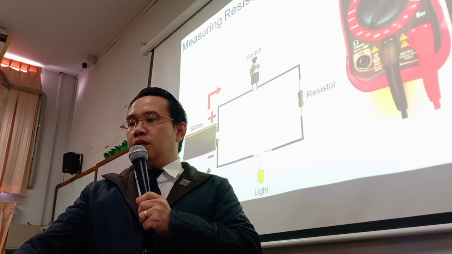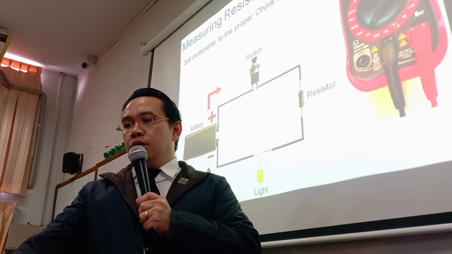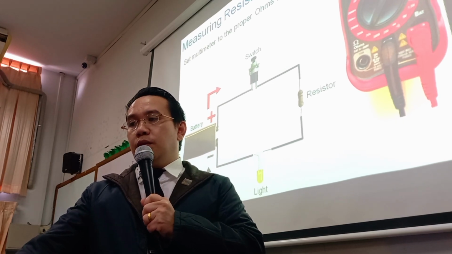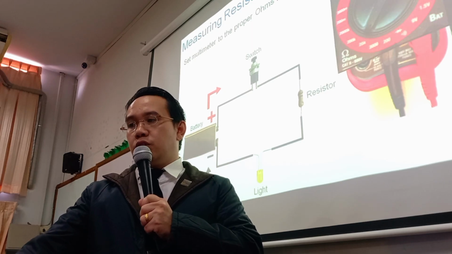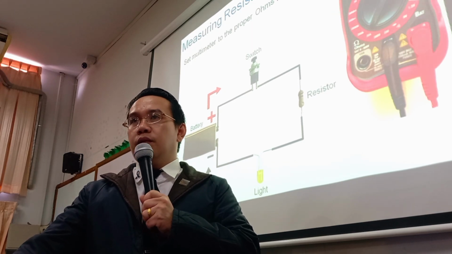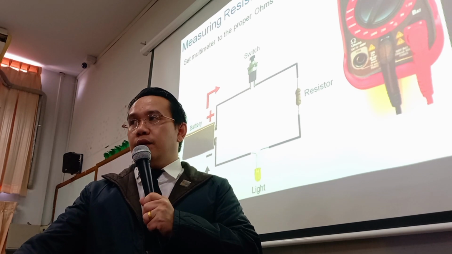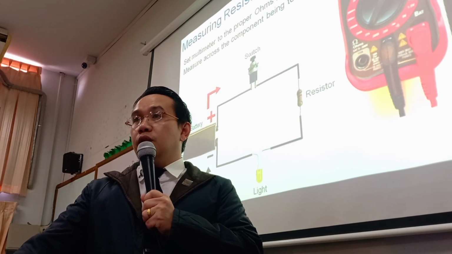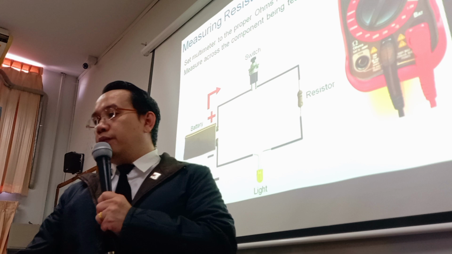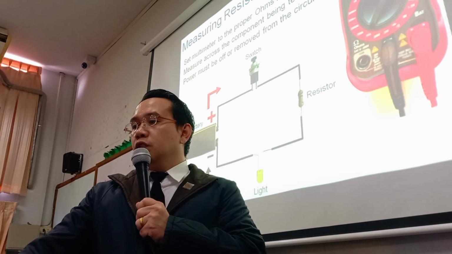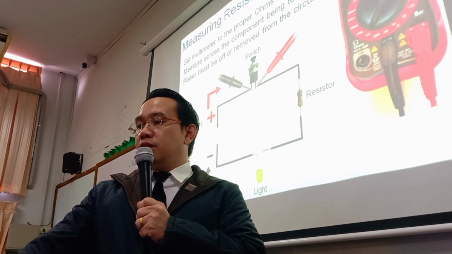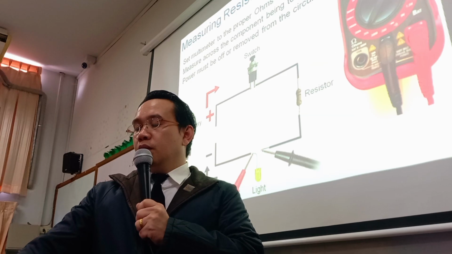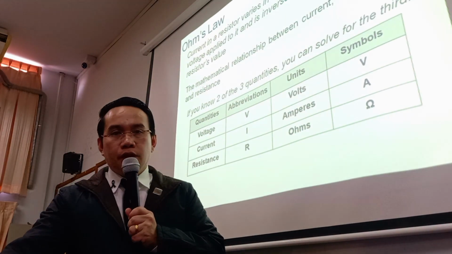Then for measuring the resistance, this sets the multimeter to the proper ohms range, to determine how the flow of current will be controlled or slowed down. This measures across the component being tested, so power must be off or removed from the circuit.